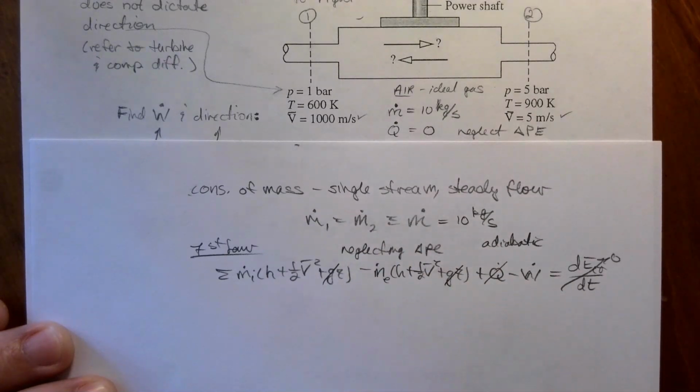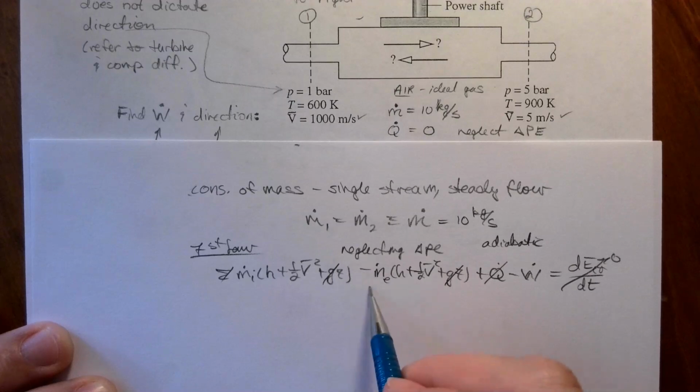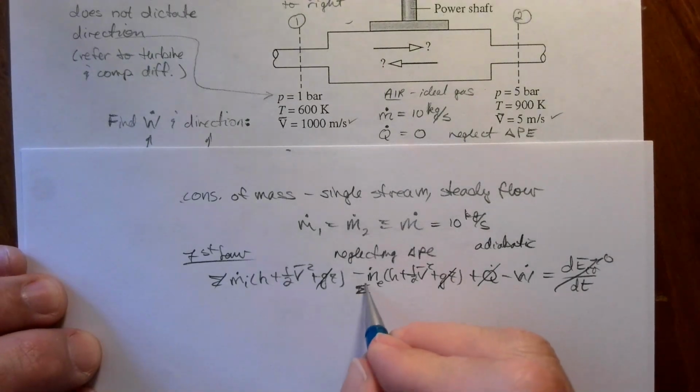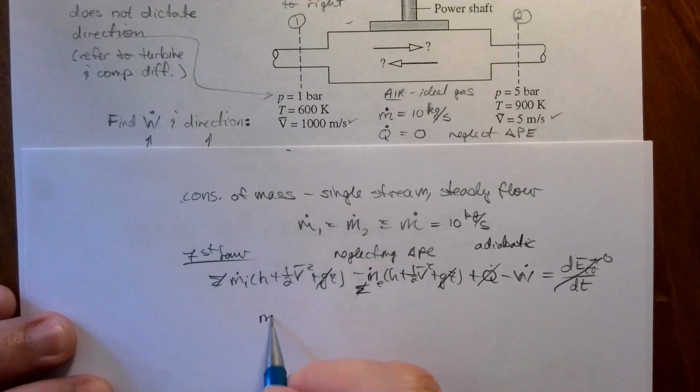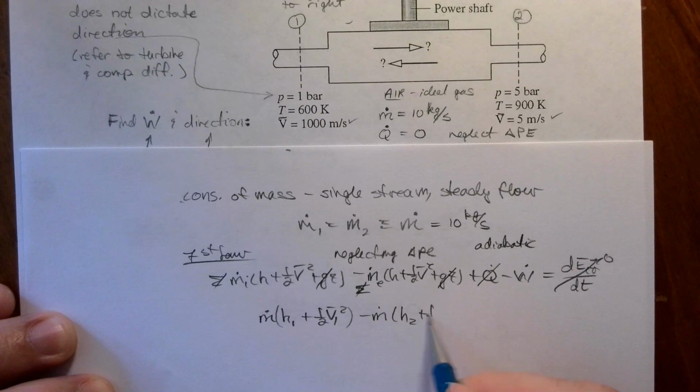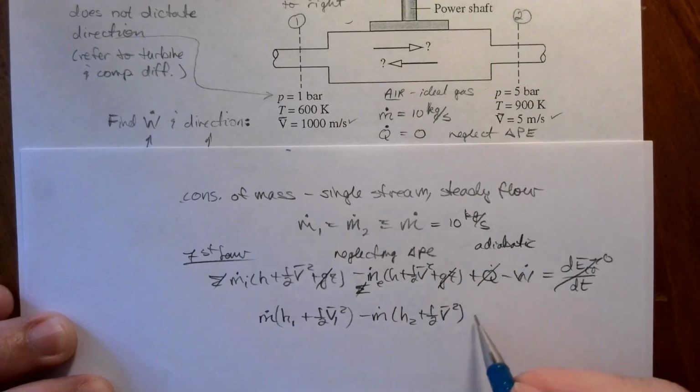Neglecting delta potential energy, not the kinetic energy, is given. One inlet, and I missed the summation right there, one exit. I should have a summation right there that is going to cross out. So we end up with m dot times h1 plus 1/2 the velocity at 1 squared, minus m dot times h2 plus 1/2 the velocity at 2 squared, minus W dot equals 0.